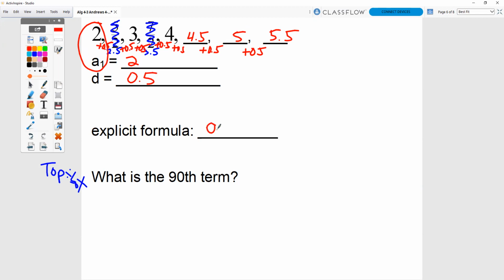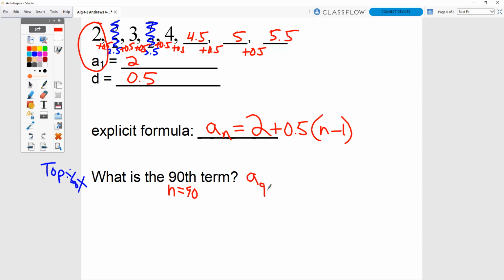For my explicit formula, a sub n, the term that you want, equals the first term plus the common difference, 0.5, times n minus 1. That will give me any term number in the sequence. They want you to find the 90th term. Would you really want to do this 90 times? Probably not.